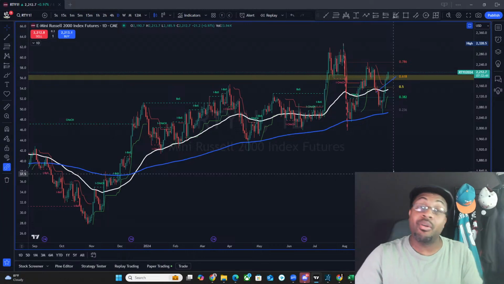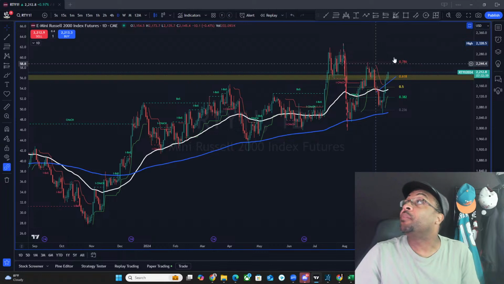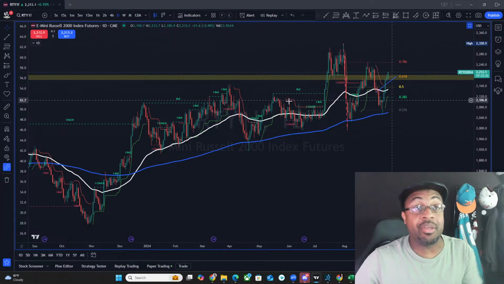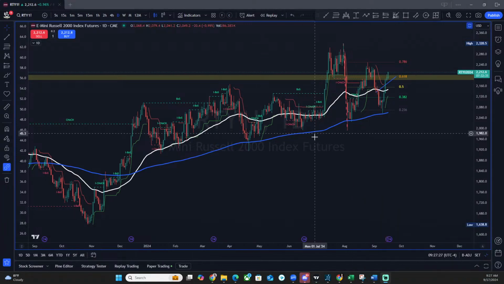Now, let's go over to Russell. Russell, remember that order block. This same order block is the same one we're coming across here. We're getting that W action. This is going to be fun as a whole because, again, remember how I explained the Russell. The Russell is one of those that when they're taking money out of ES, NQ, and all of them, the first thing they're throwing it into is the Russell, because it's our small caps, it's more domestic versus our international trades, right?